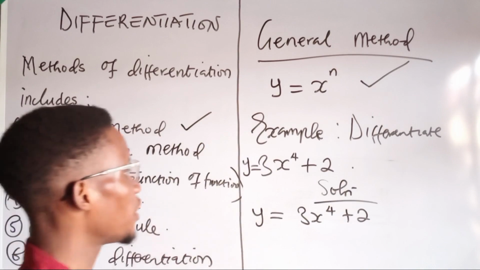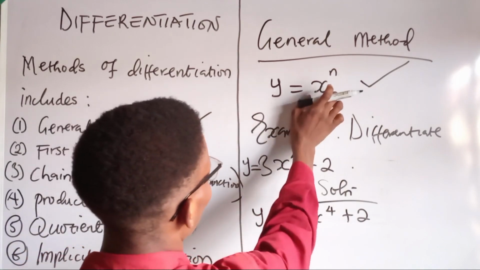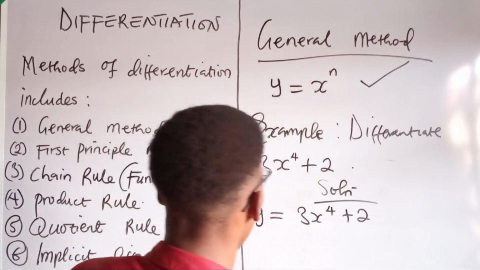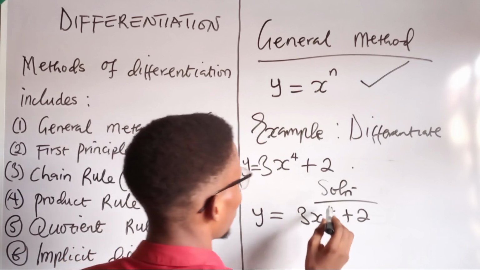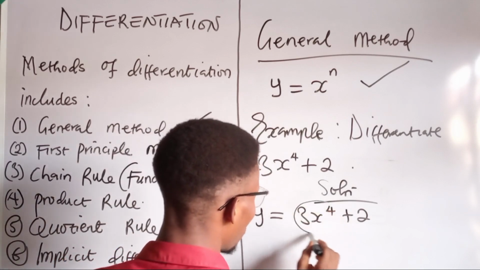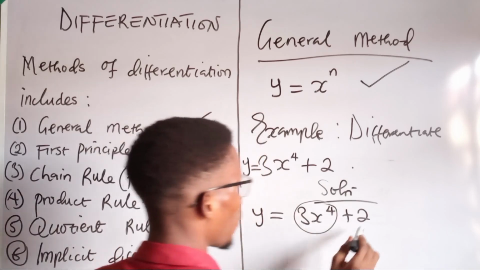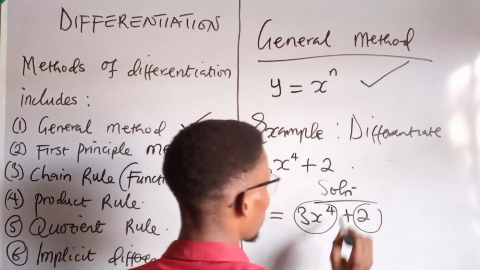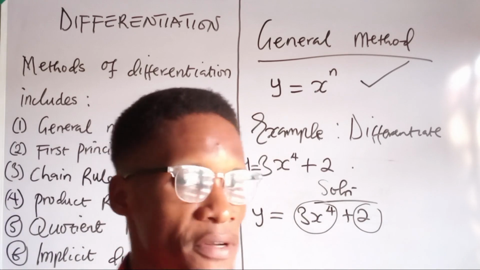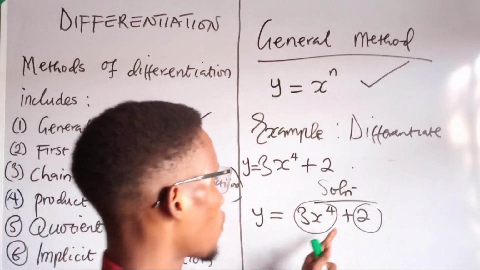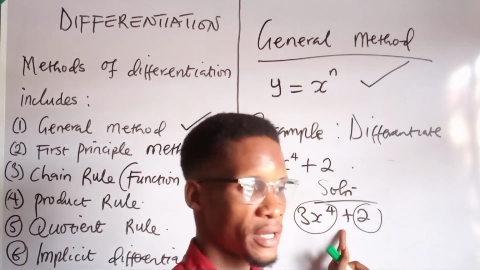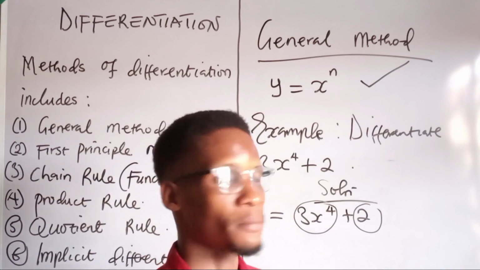What you do now is apply the method that I've treated here, where this term is going to be differentiated, and this one is also going to be differentiated separately, then you add them together. So let this addition sign that you're seeing in between them not confuse you.